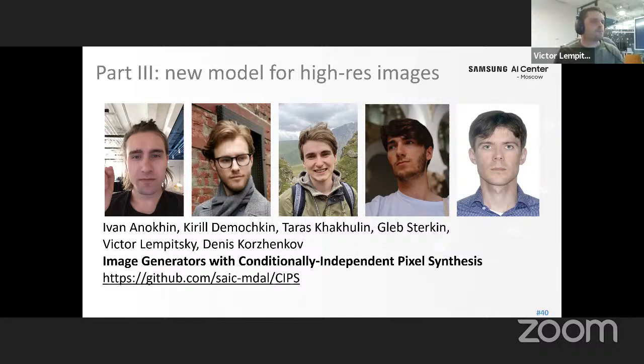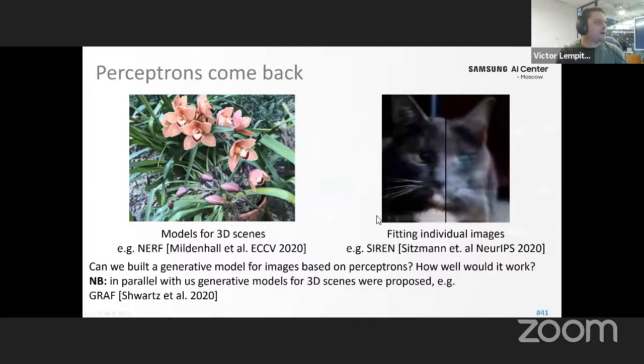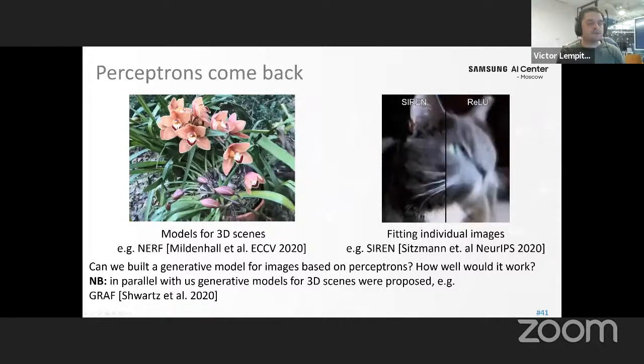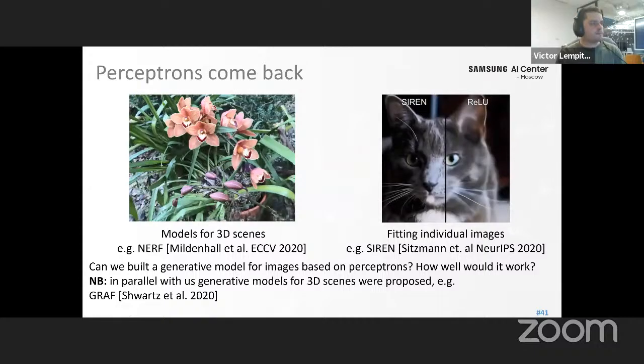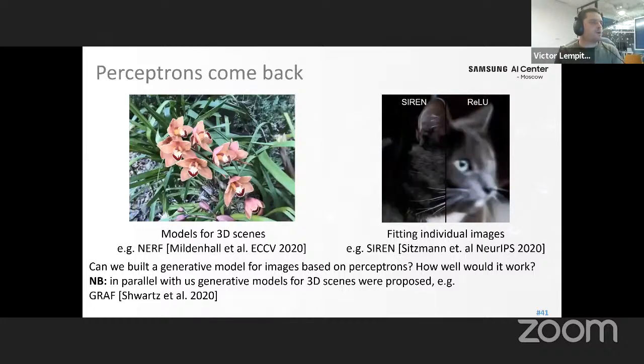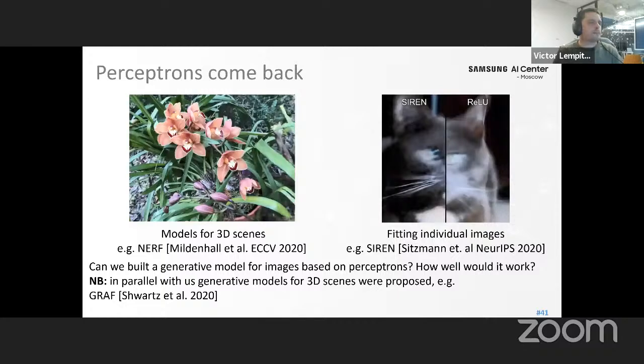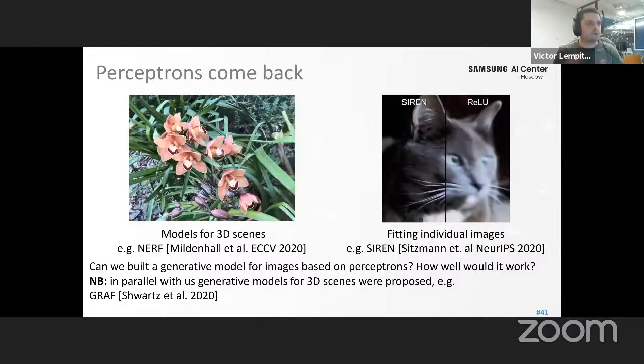This work is inspired by recent results in modeling 3D scenes and individual images, where approaches like NeRF or SIREN showed that you can model 3D scenes or images with perceptrons. And our idea was, let's just expand this model to generate classes of 2D images. And we were curious how well it would work.